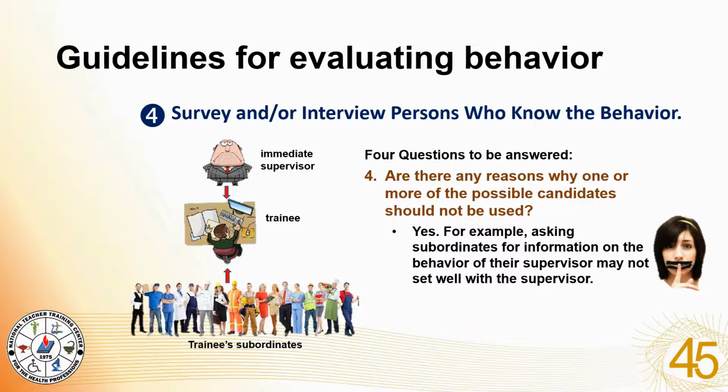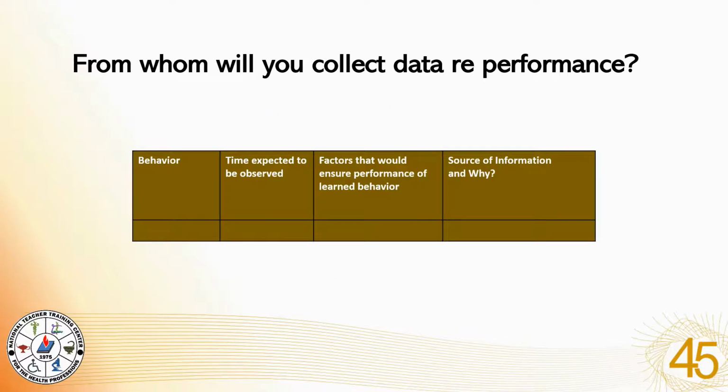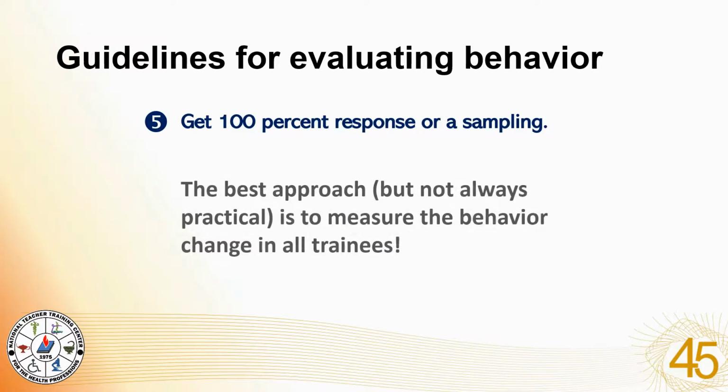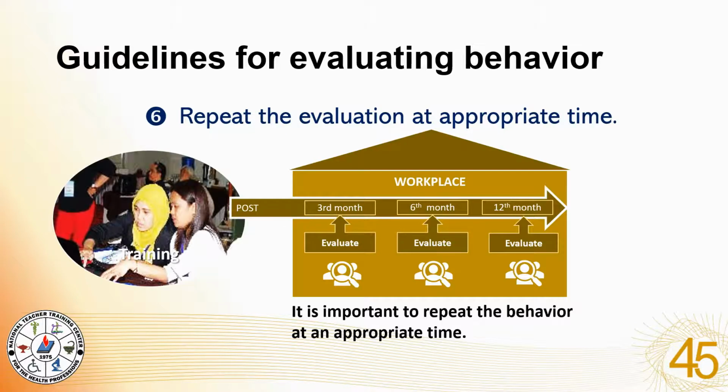So you can actually add to the table that I showed earlier: behavior, time expected to be observed, factors that would ensure performance of learned behavior, and then the last column will be source of information and why. As much as possible, get 100% response or sampling. You can also repeat evaluation of behavior at an appropriate time. It could be at the third month, at 6 months, at 12 months.